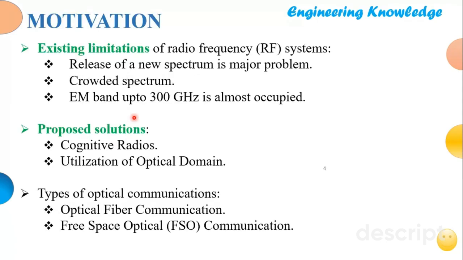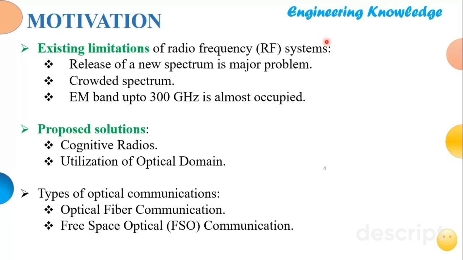So free space optical communication is motivated by the major spectrum licensing and scarcity in radio frequency RF systems. The EM waves which are sub 6 gigahertz or even into millimeter waves are basically suffering from scarcity.